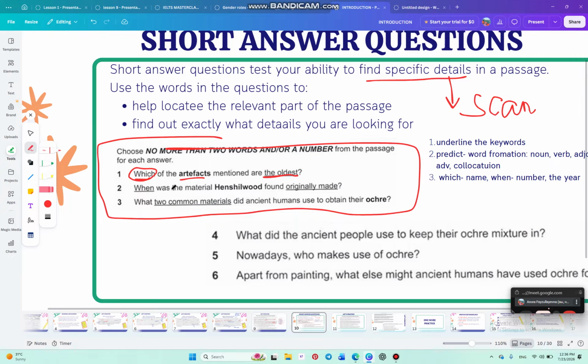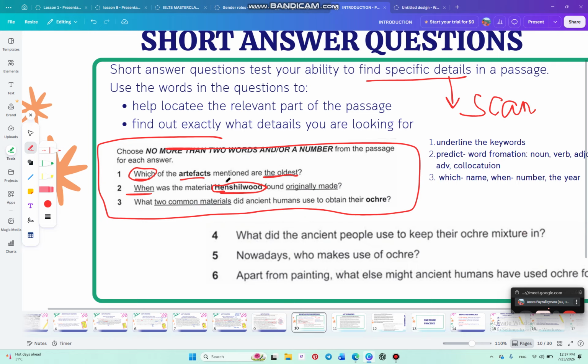For question 2, we are being asked about when, the timing, the year. When was the material Henschel food originally made? Exactly, this is the most important because we can easily scan this word in the passage since it cannot be paraphrased or changed into something else.